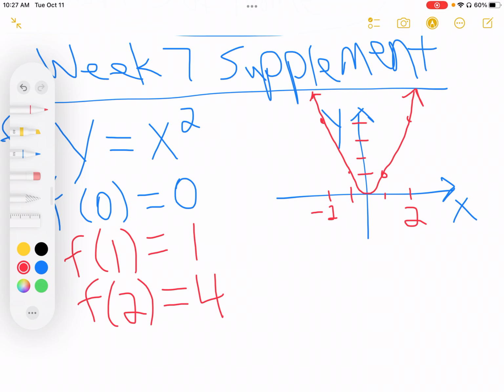Okay, and we also talked about a couple other terms, like vertex. The vertex was the top or bottom of our parabola.